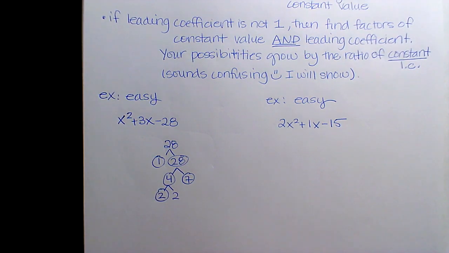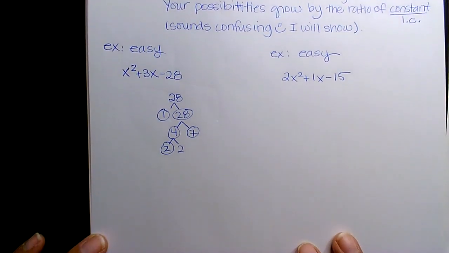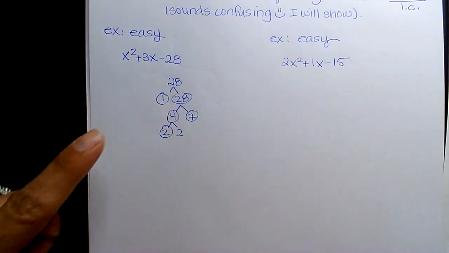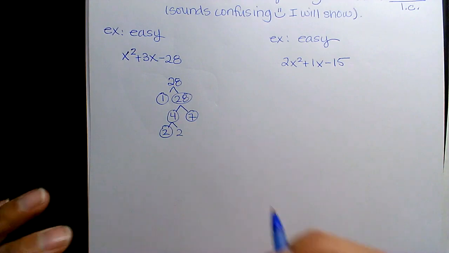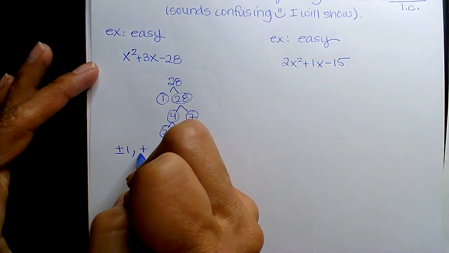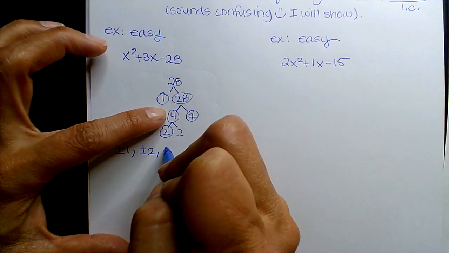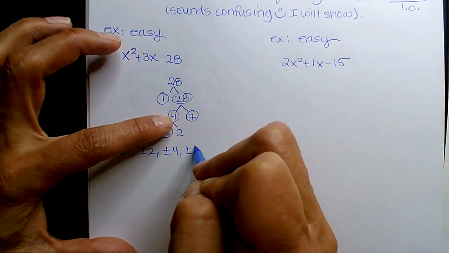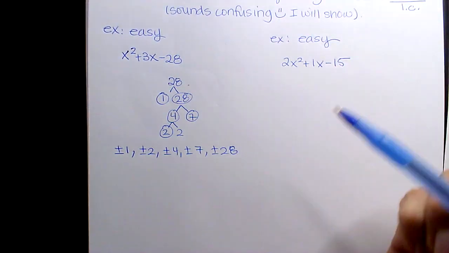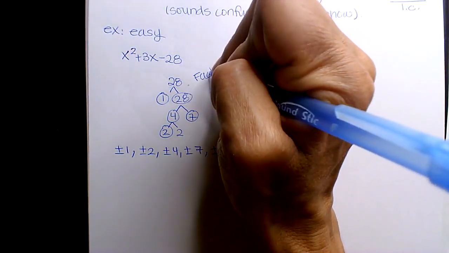So what is my list? I have 1, but remember, it can be positive 1 or negative 1. So I have plus or minus 1, and we'll put them in numerical order: plus or minus 2, plus or minus 4, plus or minus 7, plus or minus 28. You've got to know your factor tree.